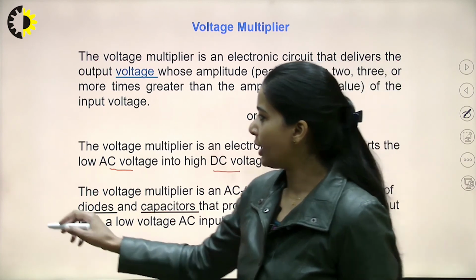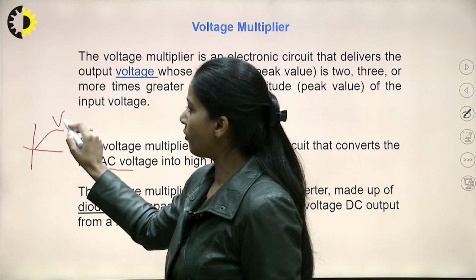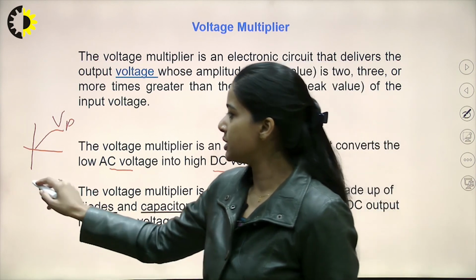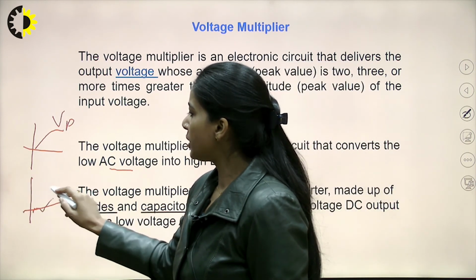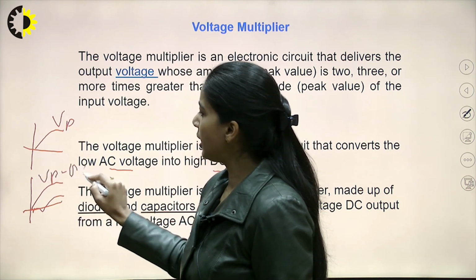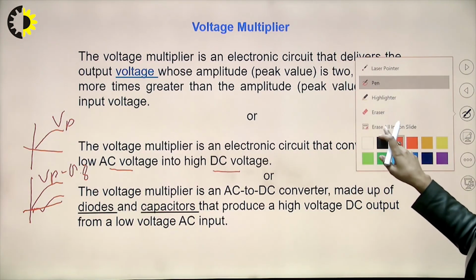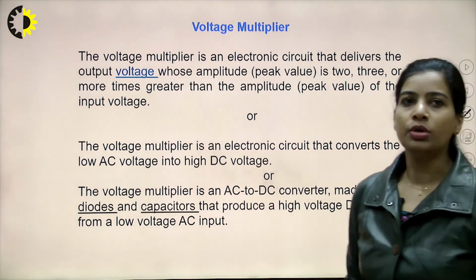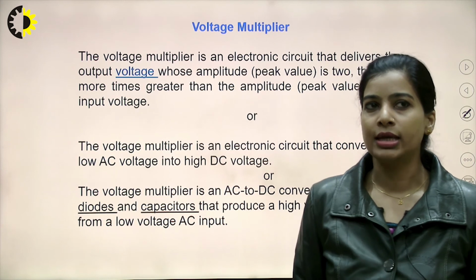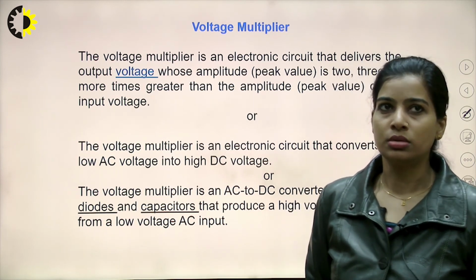Like if I have applied an input having maximum peak of Vp and I have applied a diode that has a drop of 0.8, the output that I will be getting will be Vp minus 0.8. So in rectifier circuits, we get an output that is either equal to the peak value of the input or less than it, and AC is converted to DC.